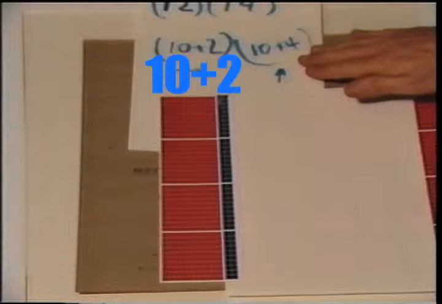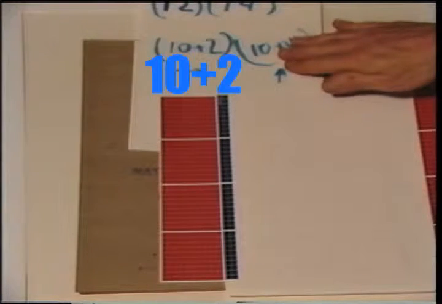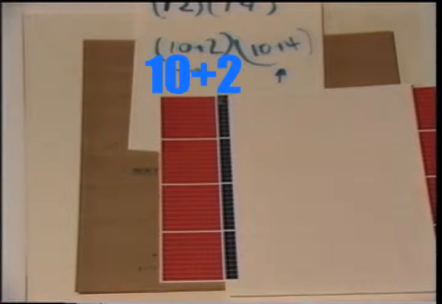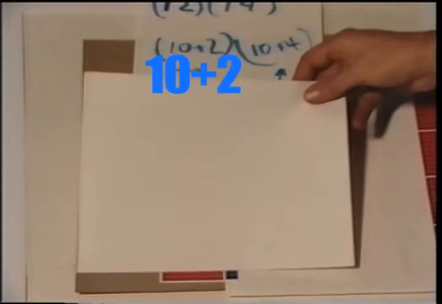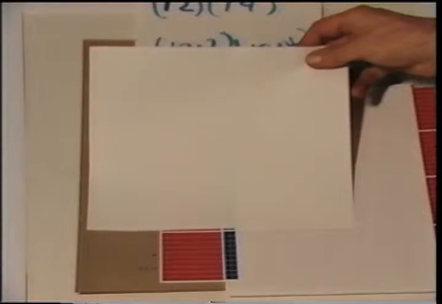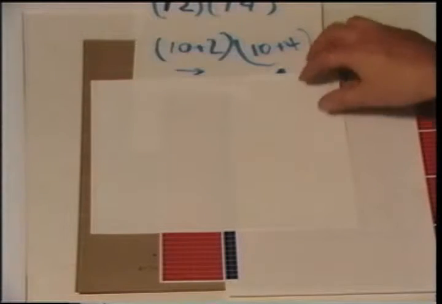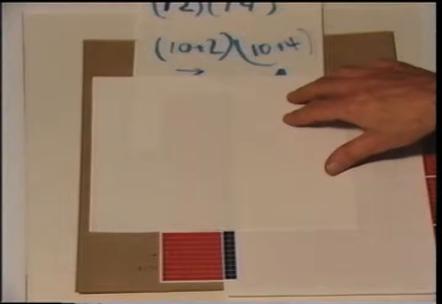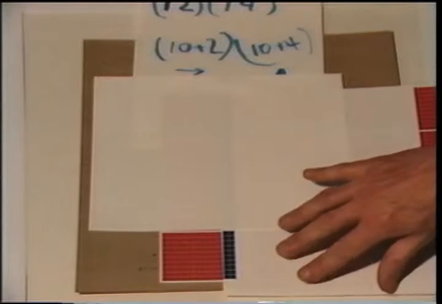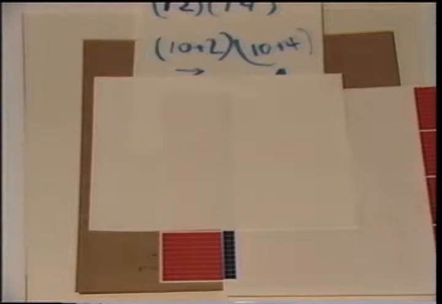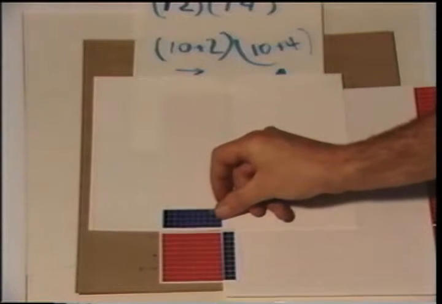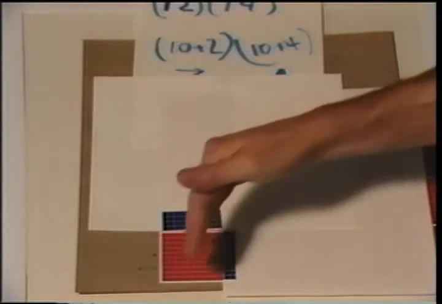Now let me check and see how far I should be up. I should be up 10 plus 4. I will come up 10. I must also come up 4 more. I have come up 4 more.